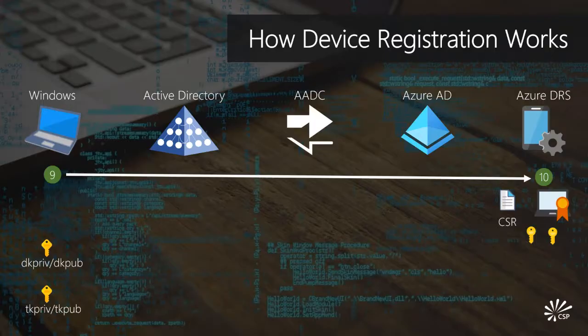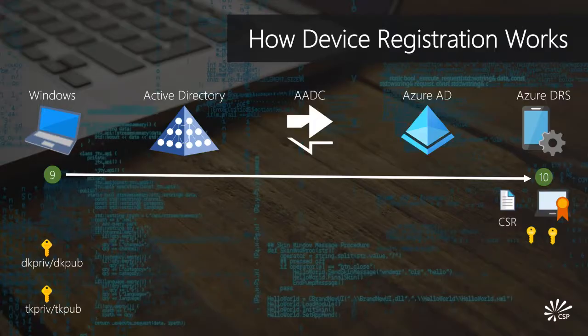So the next step for Windows is to create two key pairs, a device key pair and a transport key pair. Both of these key pairs live and are secured within the security processor, or the TPM chip, on that Windows computer. Because the self-signed certificate couldn't be used for authentication, Windows then creates a certificate signing request, or a CSR, so that it can request a device certificate from Azure.